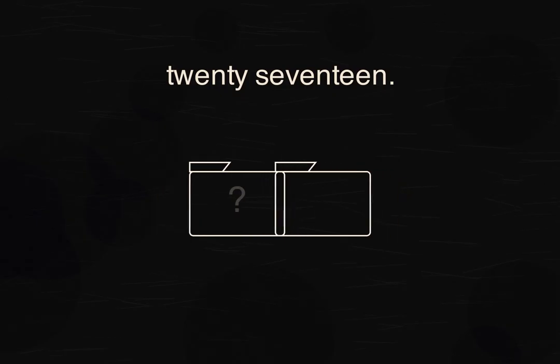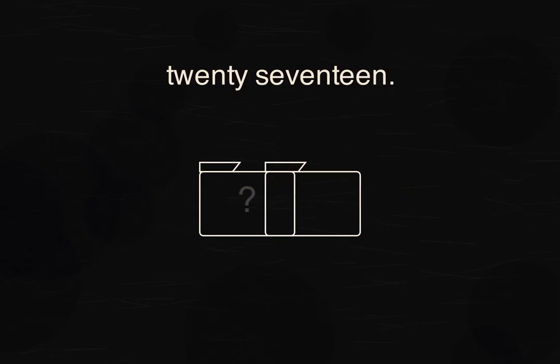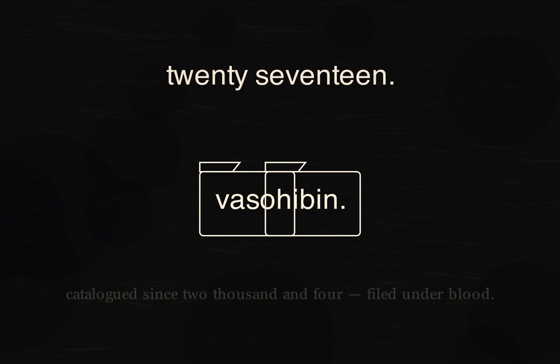It had been catalogued since 2004 under a name from a different country of science, vasohybin, a protein first found in the cells lining blood vessels and studied for more than a decade as a brake on blood vessel growth. The enzyme that writes the age of microtubules had been sitting in the literature the whole time, with a name, with a job description, filed under blood.